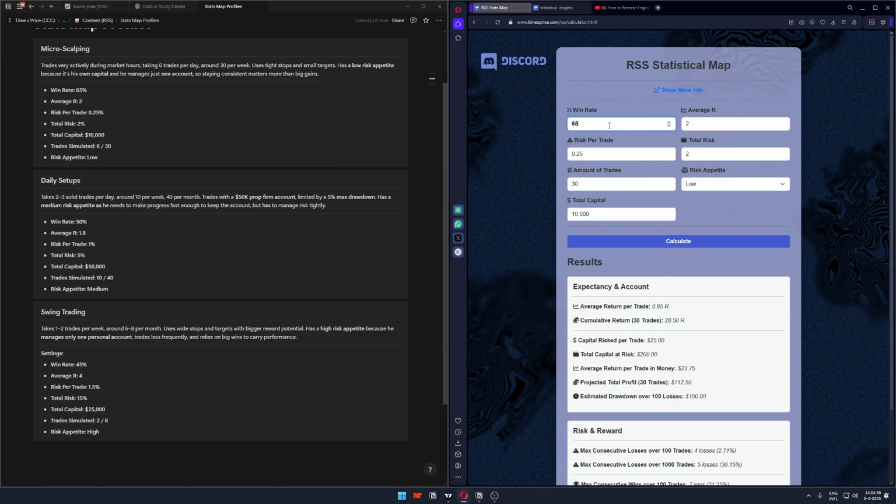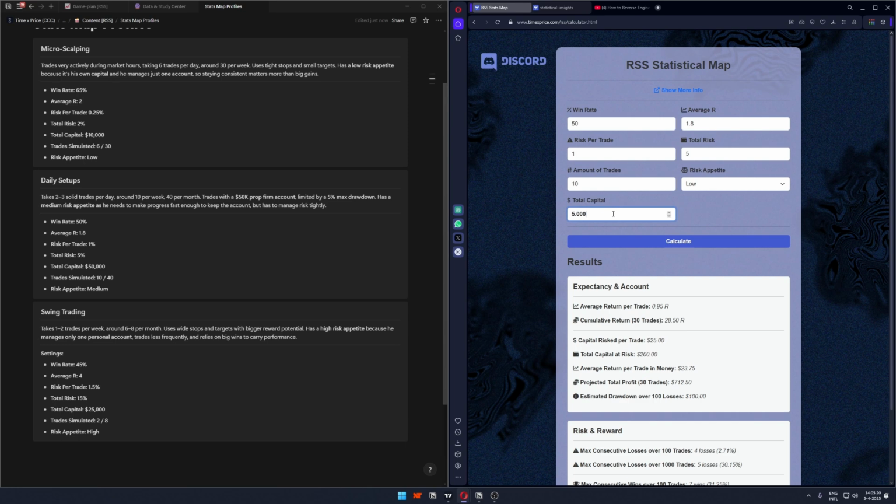Alright, we'll fill in the inputs for this one with 50% win rate, 1.8 average R. He risks about 1% per trade, has a total risk of 5%, and has 10 trades per week, as we will calculate right now.